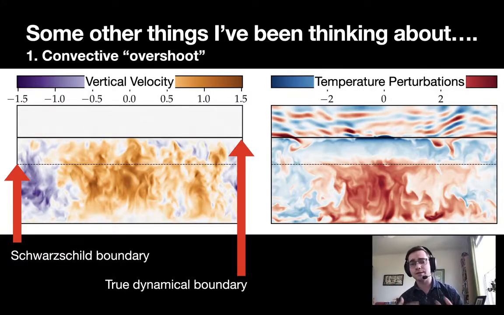So this flipping from a hot upflow to a cold upflow, and the size of that overshoot region are two things I'm trying to figure out in this project, and hopefully this paper will be coming out sometime during the Kavli program. So if you're interested in this, I can try to talk to you more about this pretty soon.